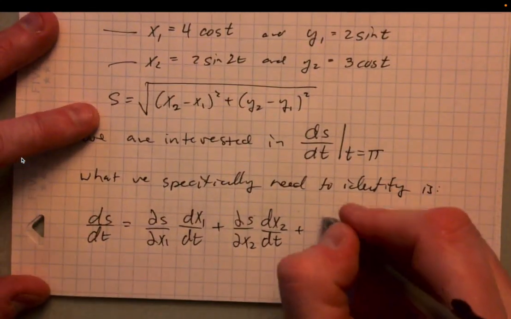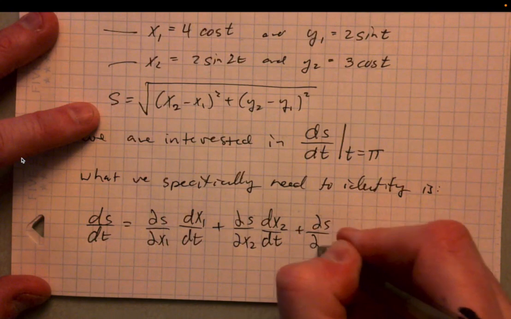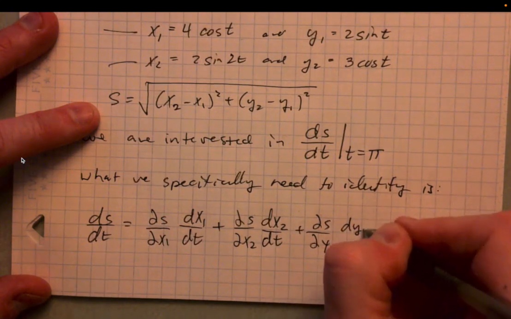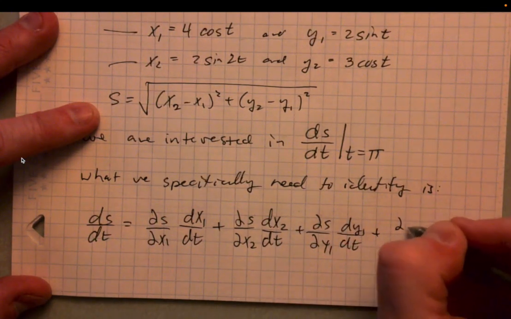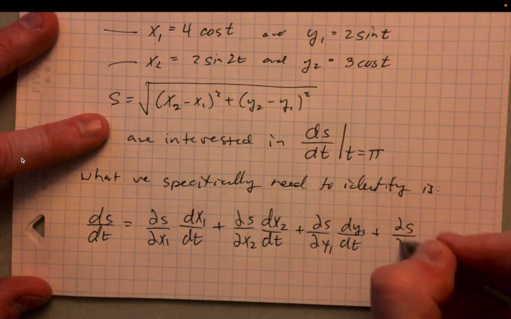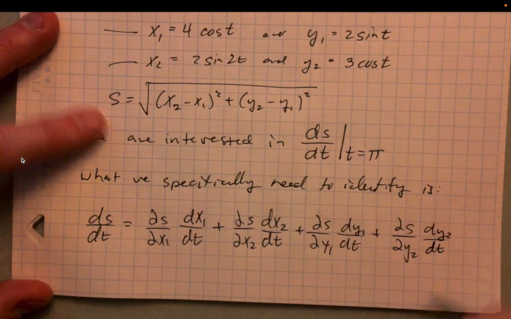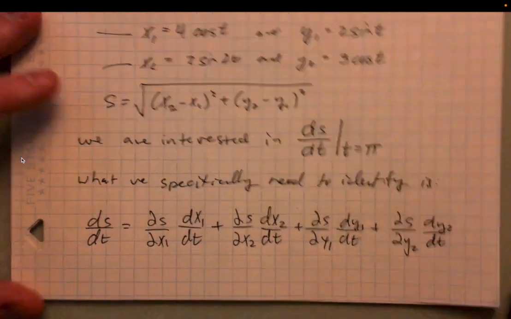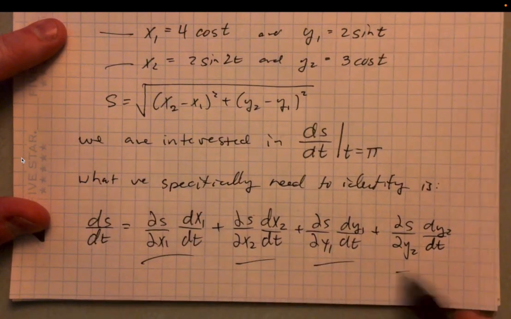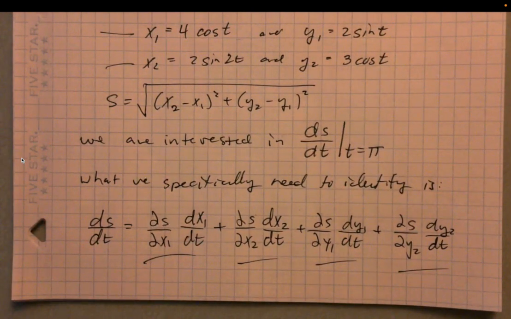So the partial of s with respect to y1 times dy1/dt, and then finally the partial of s with respect to y2 times dy2/dt. Right, so this one is somewhat more complex than the previous. You're going to have 1, 2, 3, 4 partial derivatives to calculate, and 4 regular derivatives with respect to t to calculate.